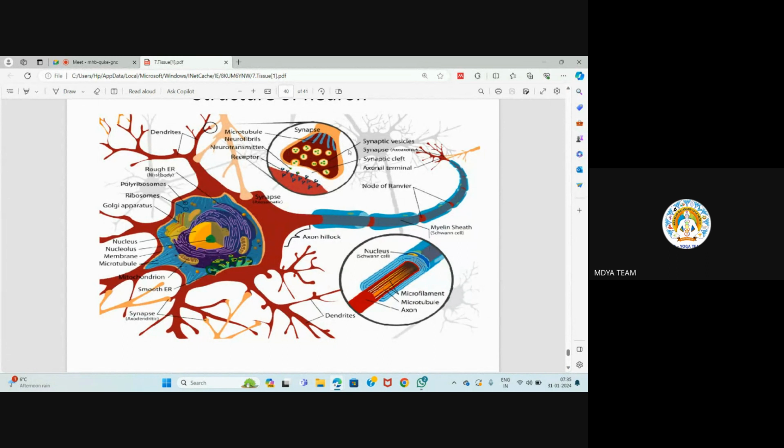You can see synaptic vesicles. These small vesicles are known as synaptic vesicles. And this curve is known as the synaptic cleft. You don't need to remember all this in detail.